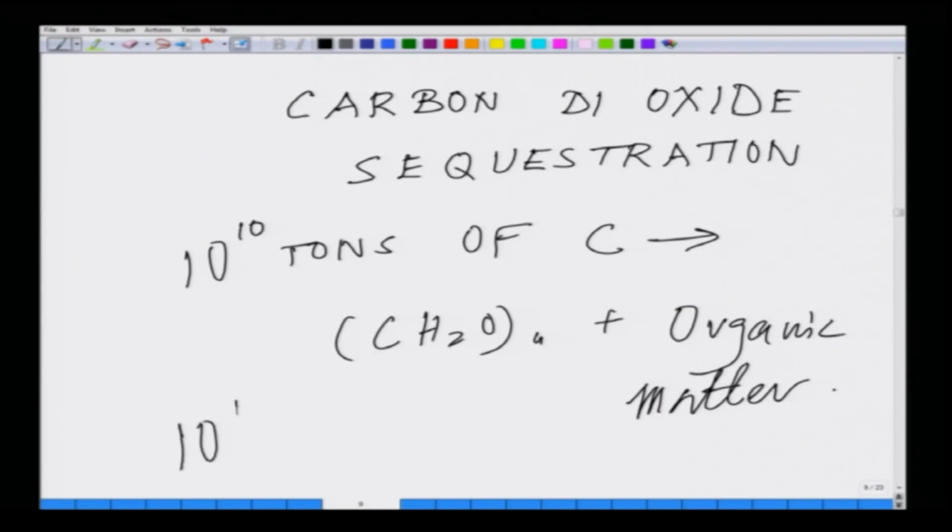In other words, 10 to the power 17 kilocalories of free energy is made by plants globally.